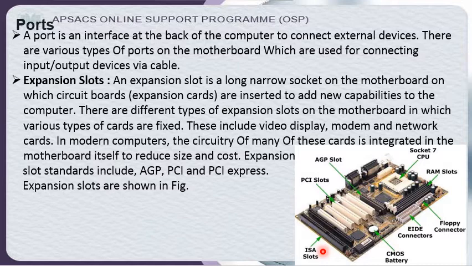What types of cards do we put on that? We connect a VGA card, modem, network card, TV tuner card, or Wi-Fi card. So these devices can be added on these expansion slots.